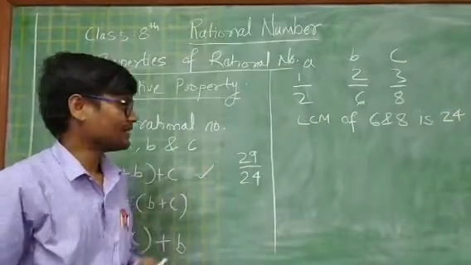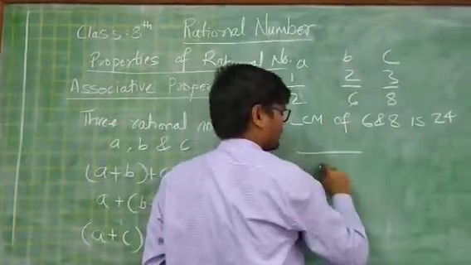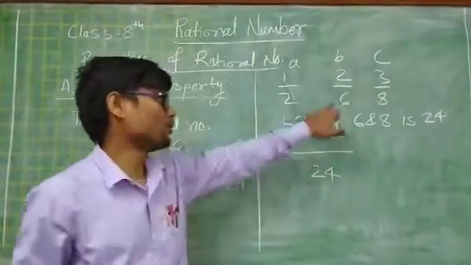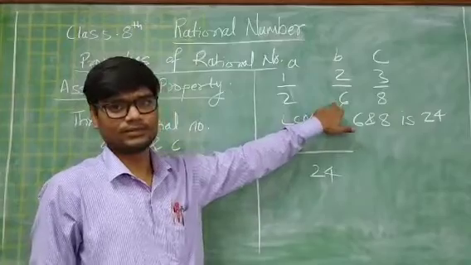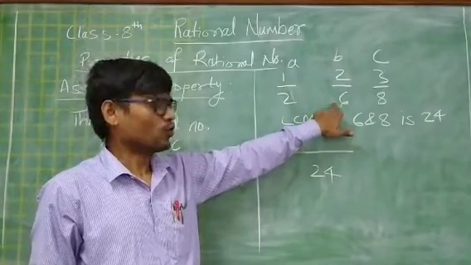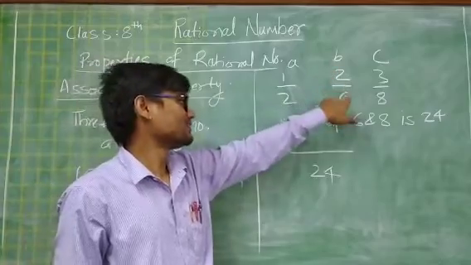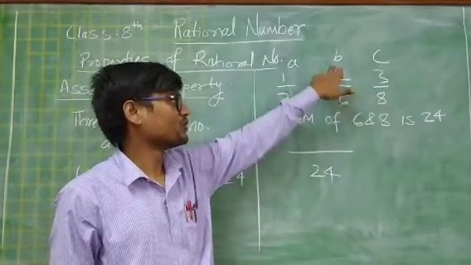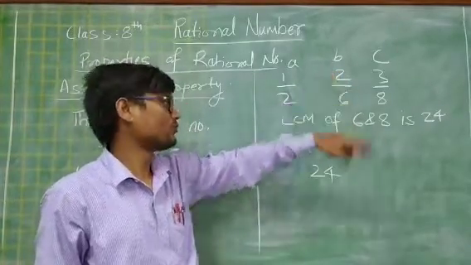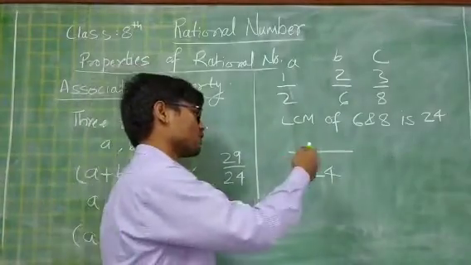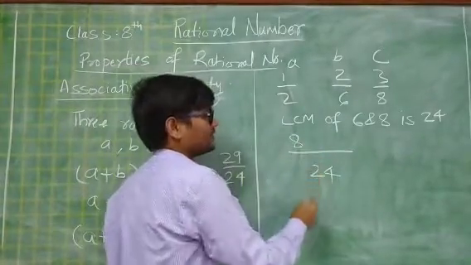So to make this 6 as 24, we need to multiply this 6 with 4. 6 fours are 24. Similarly, since we are multiplying 6 with 4, we should multiply this 2 also with 4. So 2 into 4 is 8.